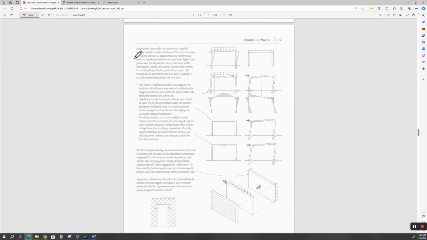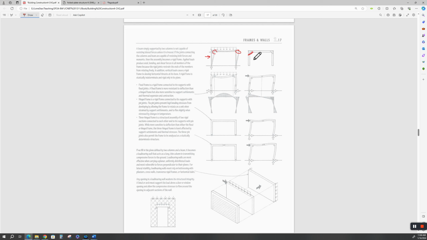Frames and walls, a beam simply supported by two columns is not capable of resisting lateral forces. What are we talking about, lateral forces? We're talking about wind and earthquake forces, right? Okay. If it's just pinned up here, it'll collapse like a cardboard box. You push on it and it'll switch over.